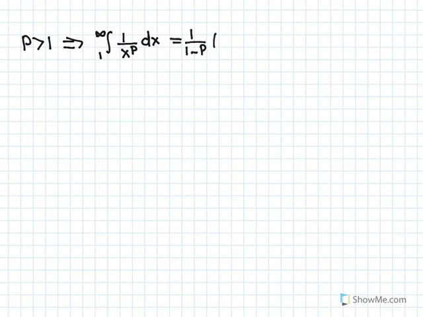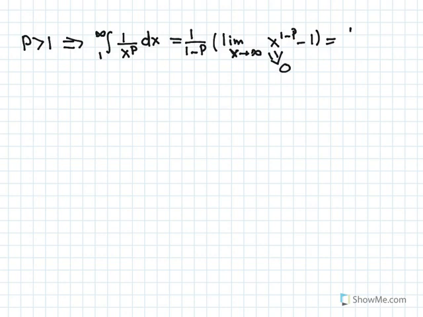All right, so we can tell that for p larger than 1, the integral from 1 to infinity of 1 over x to the p dx is equal to 1 divided by 1 minus p times the limit as x goes to infinity of x to the 1 minus p, minus 1. And we proved that when p is greater than 1, the limit as x goes to infinity of x to the 1 minus p will be equal to 0.